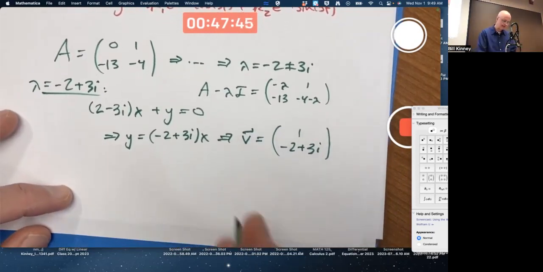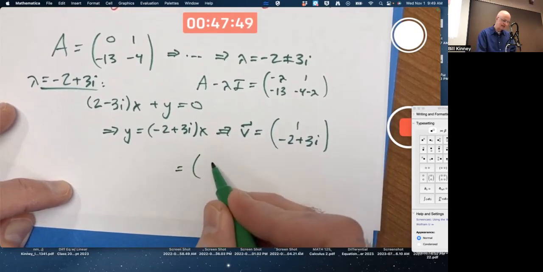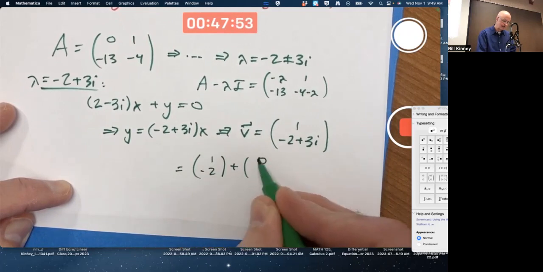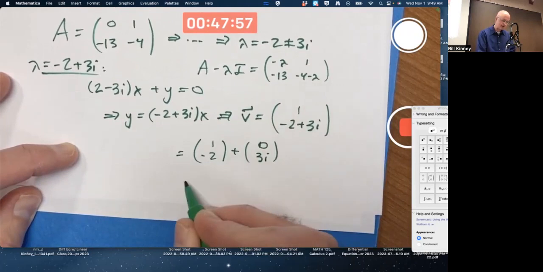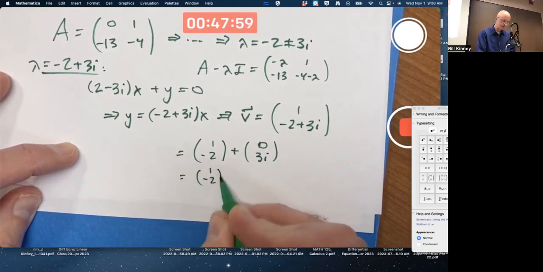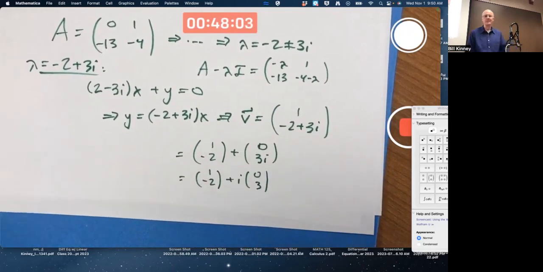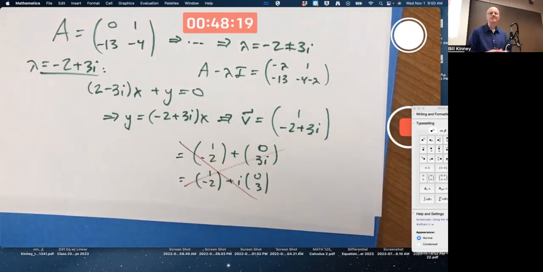What should we do with this? Split this like this. Actually, no, you don't have to do that. Sorry, ignore that. It's not that you can't do it, it's just not helpful.